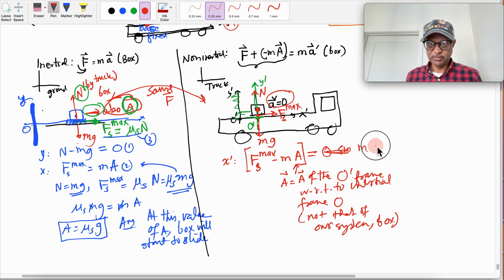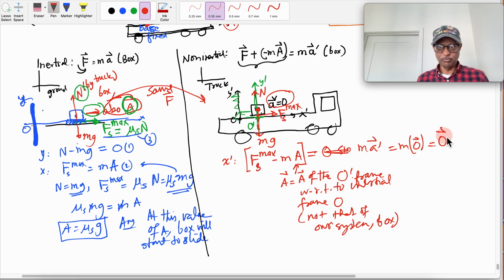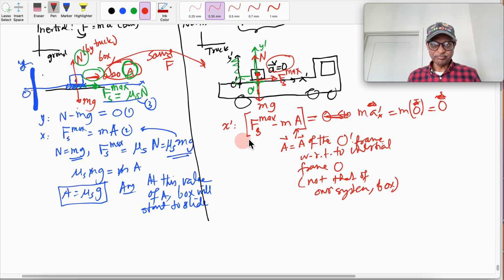So mass times A prime equals mass times 0, which is 0. We're looking at just x components, and of course Fs max is mu s n, and in y prime, it still is n minus mg equals 0.